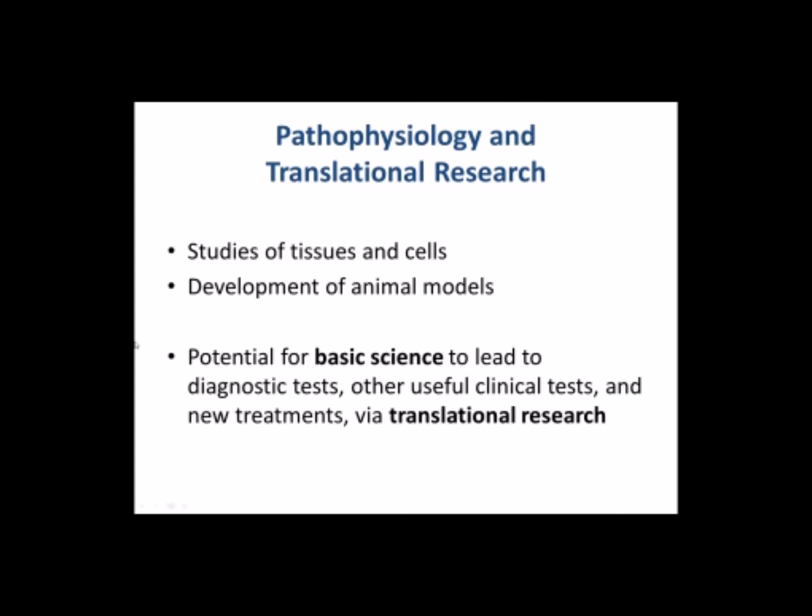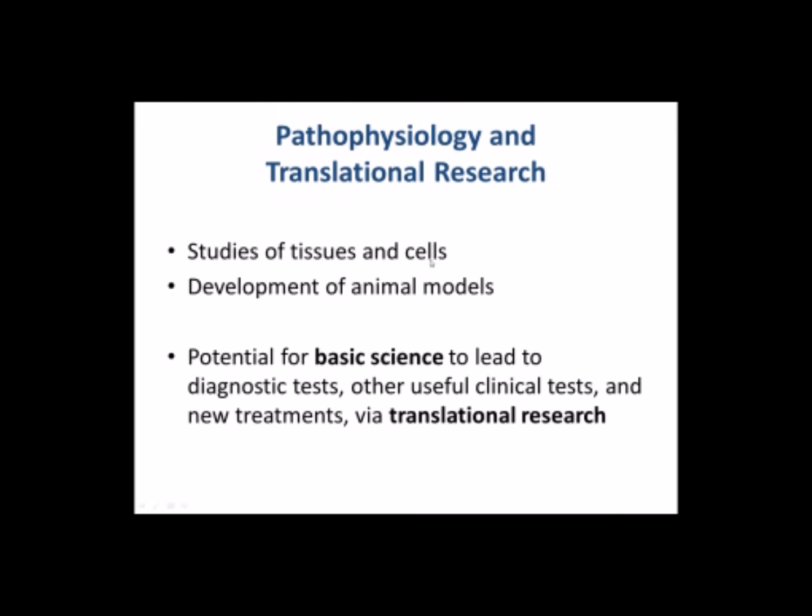So a little bit about pathophysiology, and then I'll remind you what translational research is. The study of pathophysiology, meaning the underlying causes of disease and vasculitis, usually means we're studying tissues or cells in the laboratory. There are tons of different things you can do, and this is happening all the time, so I can answer individual questions, hopefully, but can't go into this in great detail.